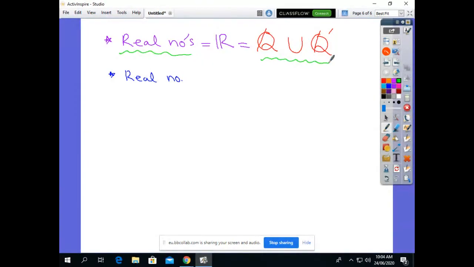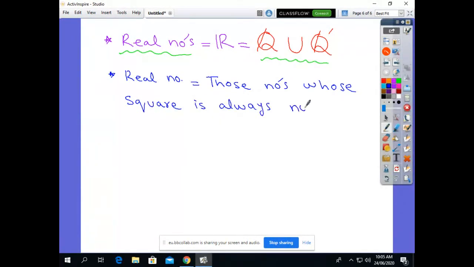But here we define real numbers as those numbers whose square is always non-negative. Those numbers whose square is always non-negative are called real numbers. Here we define only a real number.